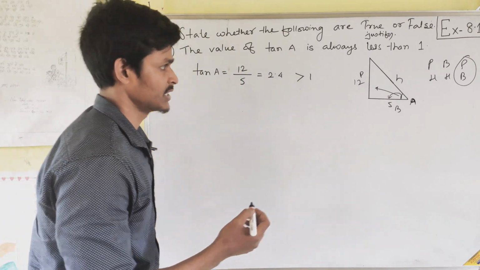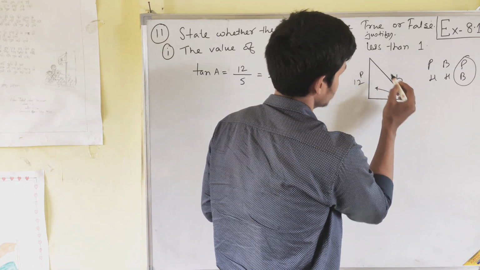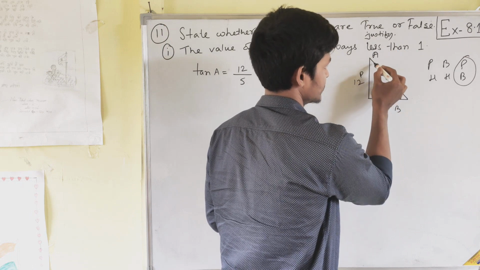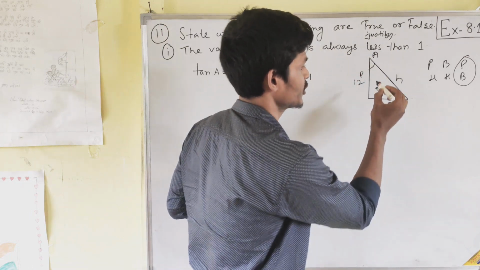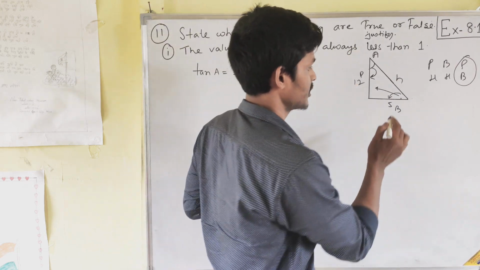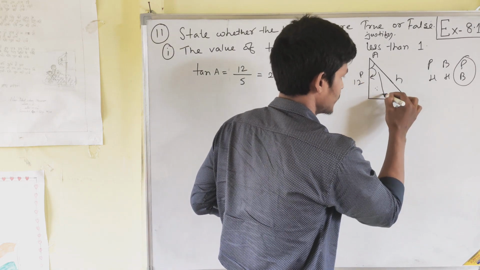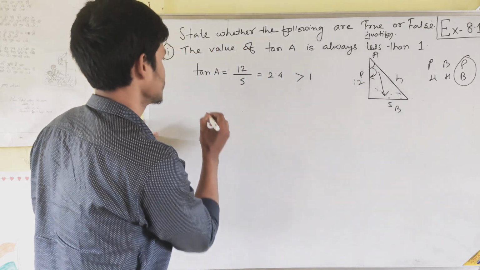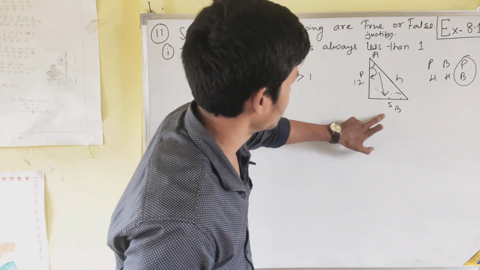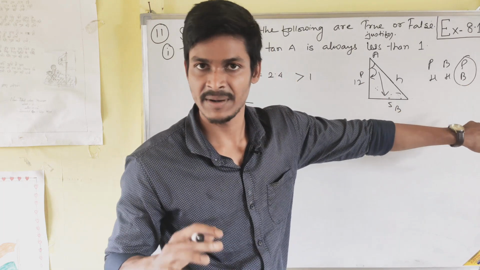And another one: suppose this is not your theta, and angle A is your theta, then your base will be changed. This is your base, 12 centimeter will be your base and perpendicular will be 5. Then what do you get? Perpendicular by base, we all know tan theta is perpendicular by base.